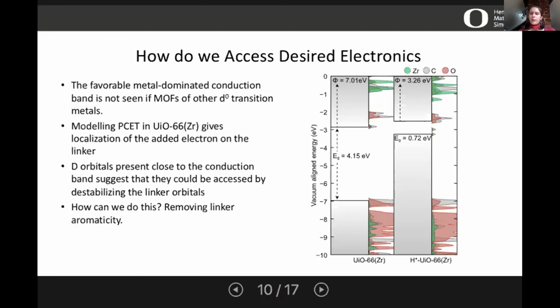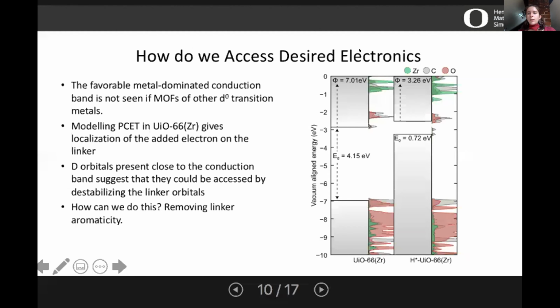But unlike with MIL-125, we can see that the conduction band is dominated by these organic carboxylate oxygen states instead of these zirconium states. And so when we model proton-coupled electron transfer on UiO-66, we see a new state localizing on a linker orbital instead of on a metal orbital. And this isn't good because we're not going to get the stabilization that we want through intervalence charge transfer, and we're not going to get the long exciton lifetimes that we want.